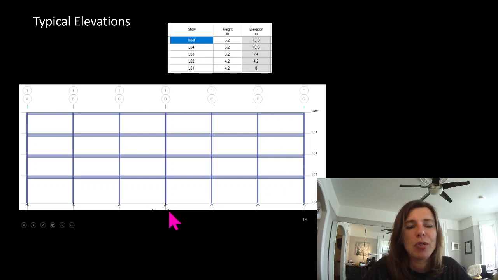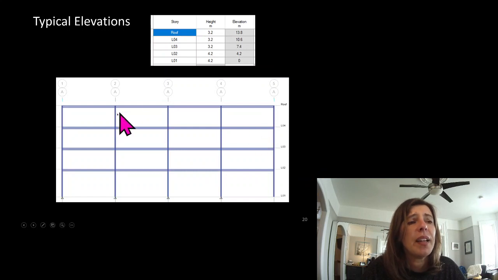These are the shoes, and we're not drawing the shoes down here. We're drawing the bones of the building. So we've got level 2, level 3, level 4, and the roof. And here are the heights of each of those stories. We've got 4.2 meters here, and then each of these is 3.2 meters high. And here's the cross section through the other direction.